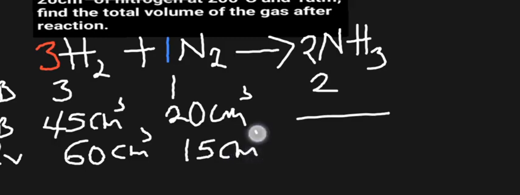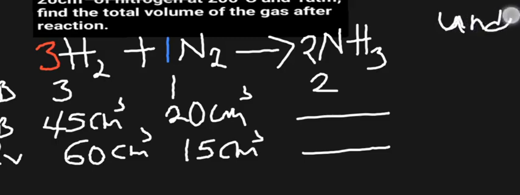So now, if you look at the right side, you cannot tell if you are going to carry 45 or 20 because they don't have the same mole ratio. So I'm going to think of the one that is undersupplied. Just note this: the one that is undersupplied is what I'm going to use to find what should be on the right side for the reacting volume.